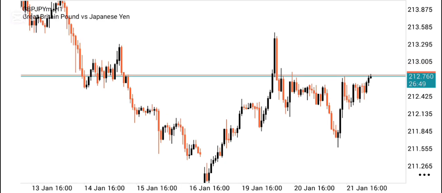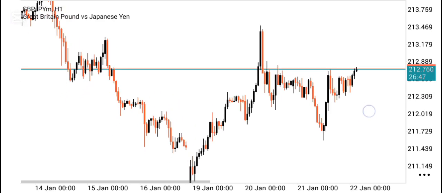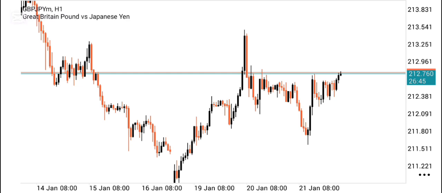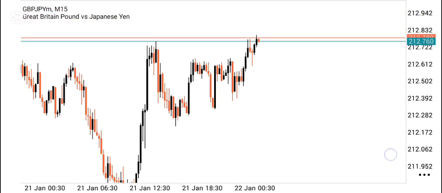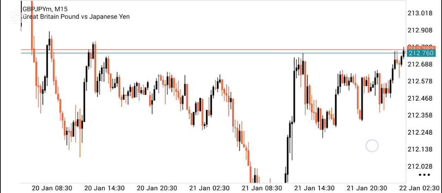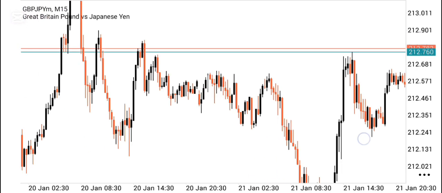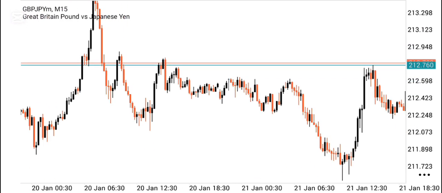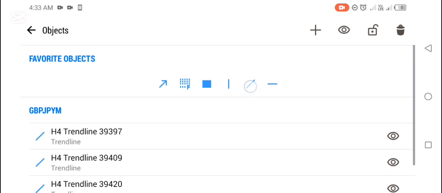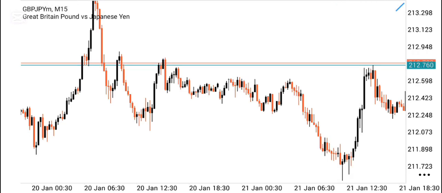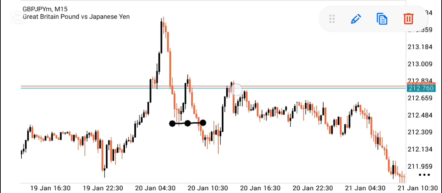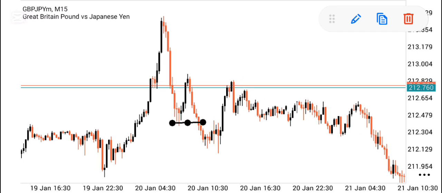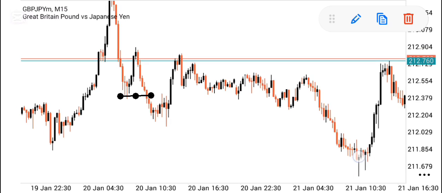After seeing this, I went to my 15-minute time frame. I was looking at all these things gently, and as you can see, I had a change of character here. Market retraced back to this place and dropped down to this place.